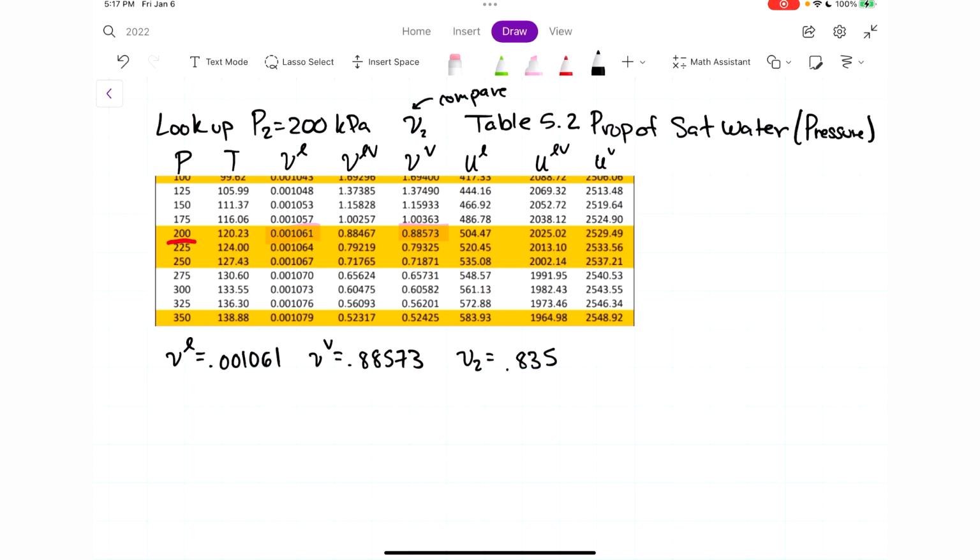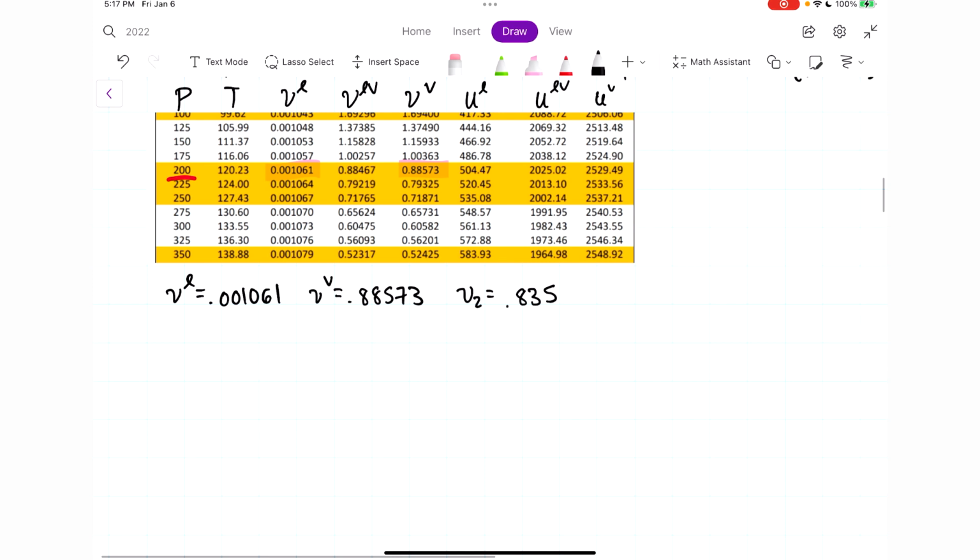If it's in between those two numbers, it's a saturated mixture. If it's less than the specific volume of the saturated liquid, it's a liquid. And if it's more than the specific volume of a saturated vapor, then it's superheated, right? So in this case, as well as in the last state, our specific volume is in between the specific volume of saturated liquid and the specific volume of a saturated vapor. So again, that means saturated mixture.